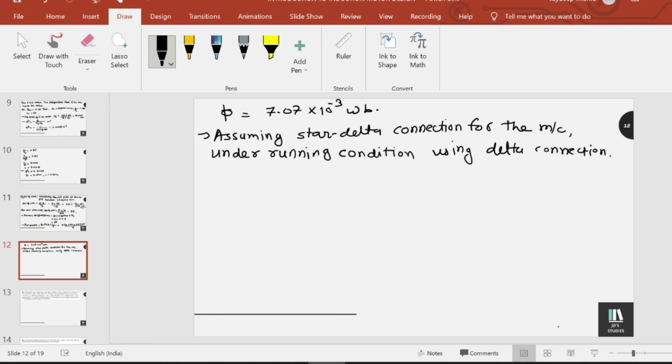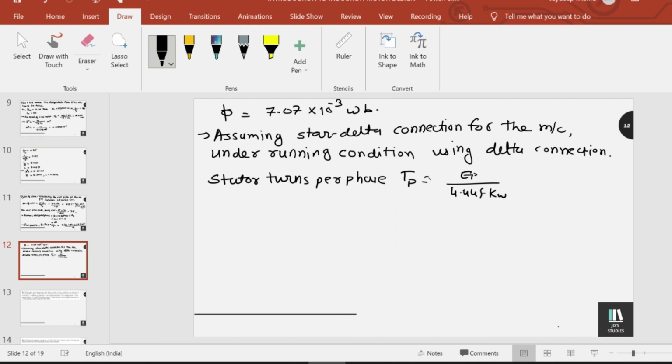So we have stator turns per phase, TPH, equal to EPH divided by 4.44 f phi Kw.